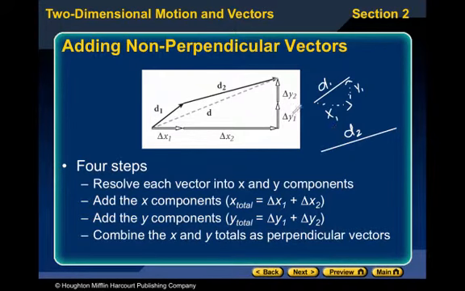We're adding these two together, so we get this resultant, but we can't solve for it using our cosine and sine directly. We'd have a new x and a y here too. Now we'd have x1 plus x2, because they're both in the same direction. If they were in opposite directions, you would subtract them.